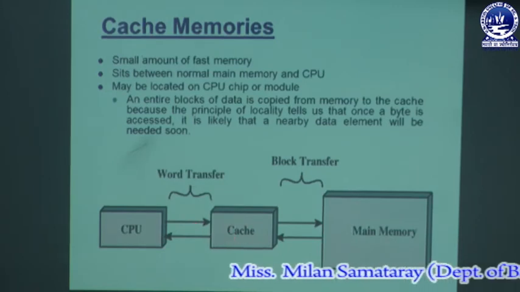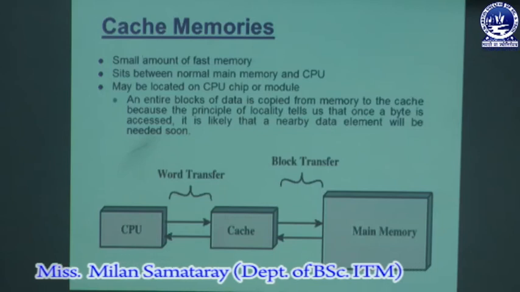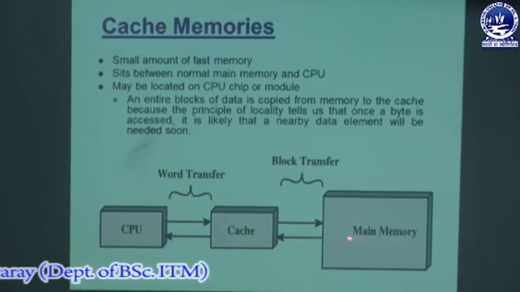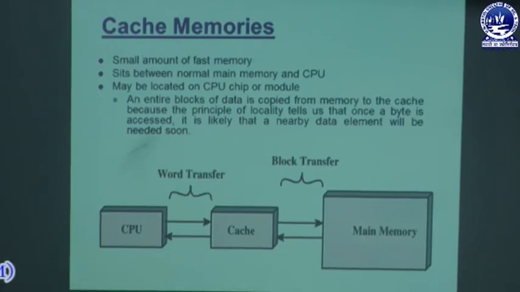First, we transfer the data from main memory to cache in a block way. That means a block of instruction or block of data is transferred from main memory to cache, but when cache transfers that to the CPU, it transfers one word at a time.